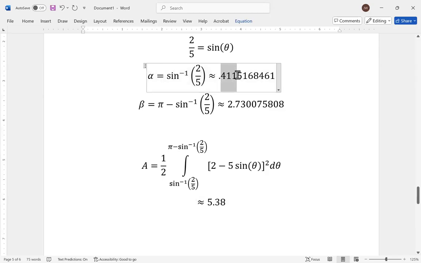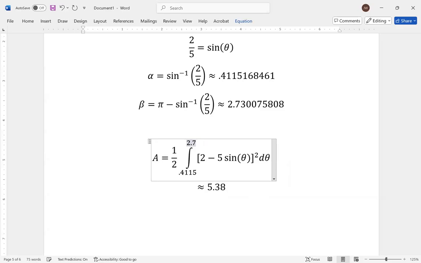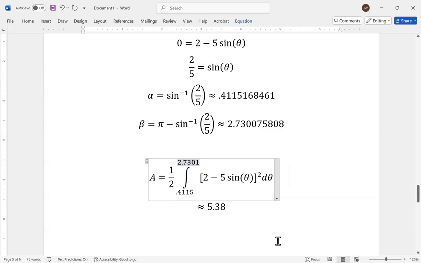Again, if you went out to about 4 decimal places on your alpha and about 4 decimal places in your beta, you'd be all right. So that's how we do these integrations. And that's how we find the area of this inner loop.